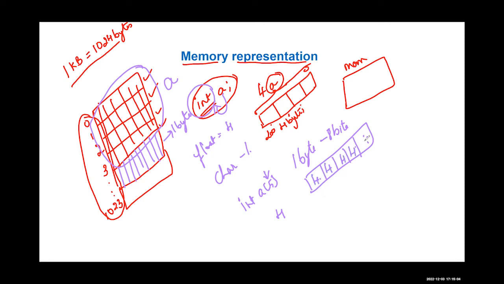That is 4 into 5, so 20 bytes of memory has been allocated for this particular array. So this is what memory representation means. Understanding this is important because when we talk about pointers, we are talking all about accessing the memory. That is why understanding this concept becomes important.